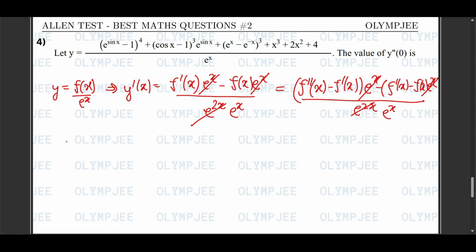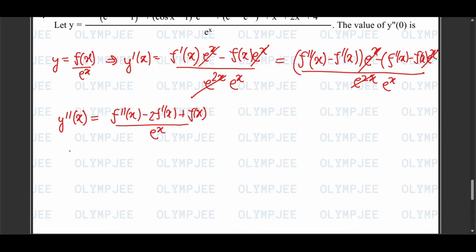So this will finally give us that the double derivative of y at any point x is, and since at 0 e^x is equal to 1, it will be simply equal to the numerator of the previous equation.